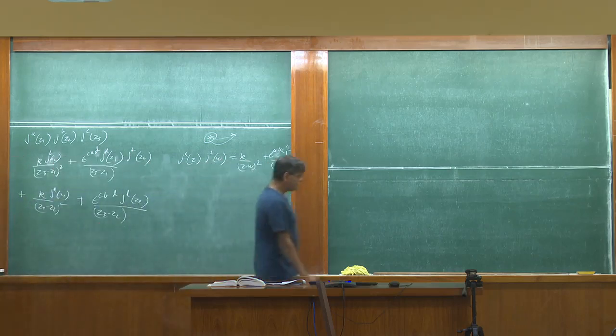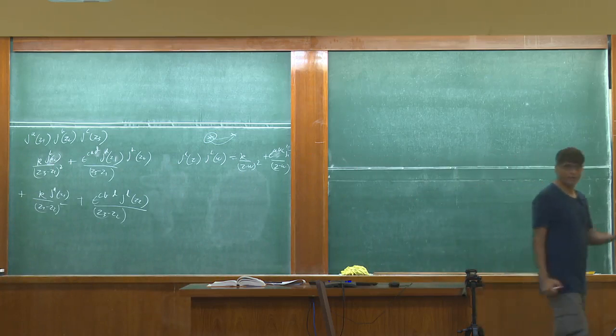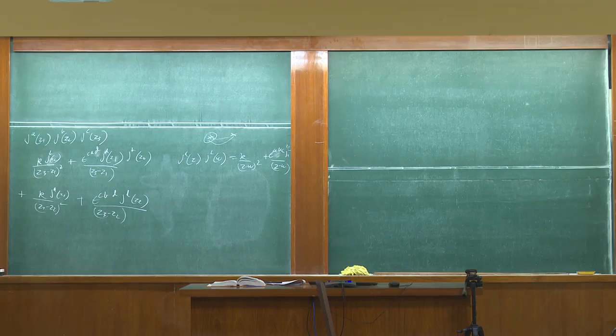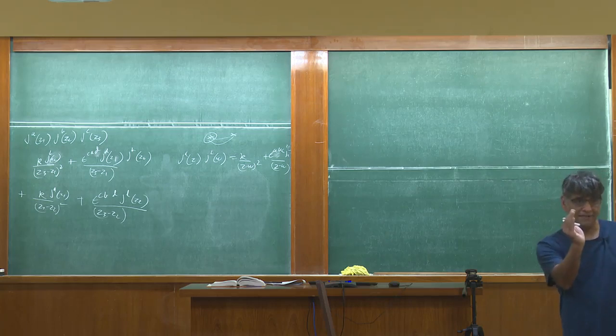We know what our operator is, the operator we want to define. It's J J as 1 goes to 2 minus k by z12 squared, summed over A, the dimension of the group, 3 in this case. So we want to identify the OPE between this operator and J^C(z3).